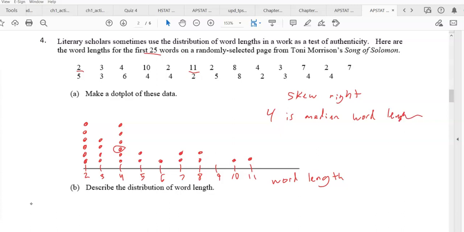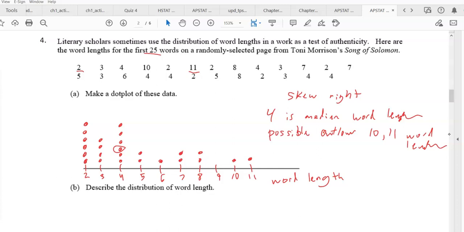Let's do outliers now. Possible outliers at 10 and 11 word lengths. Okay, and then variability.